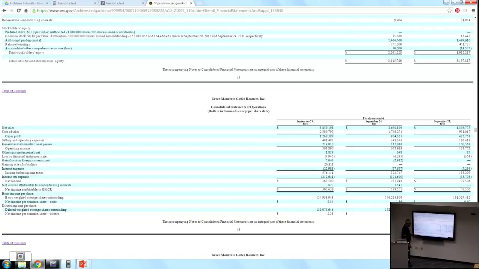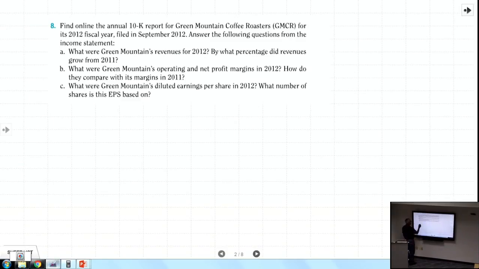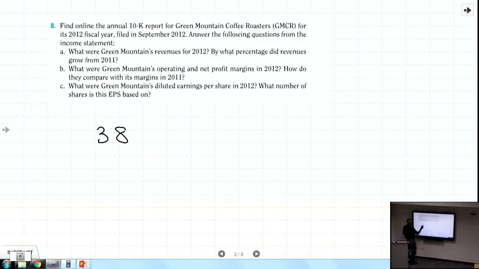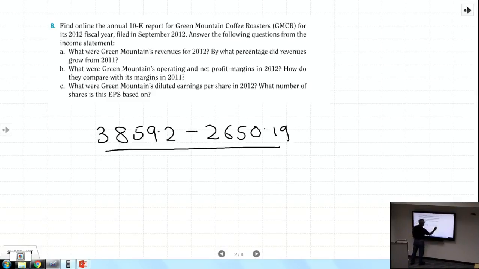What is the percentage change in the revenue then? We can calculate this as the ending revenue, that means 2012's revenue, which is 3859.2, minus the beginning revenue, which is last year's revenue, 2650.19, divided by the beginning.